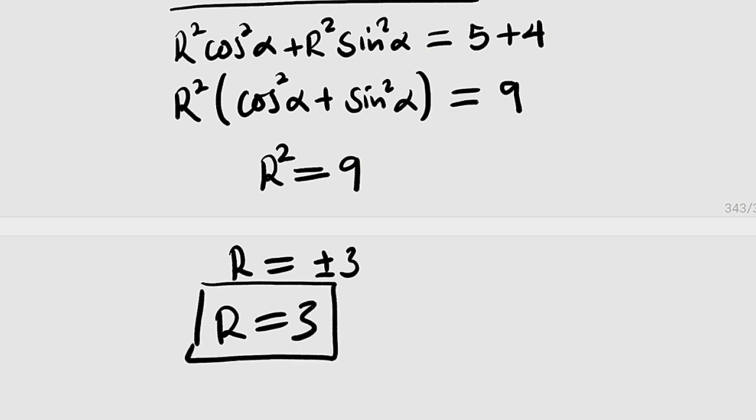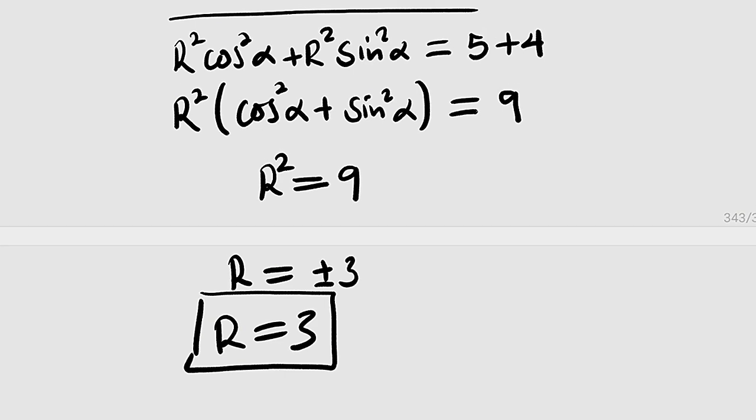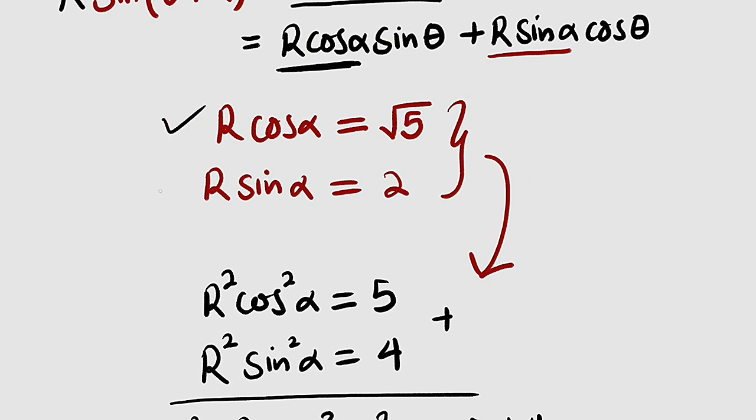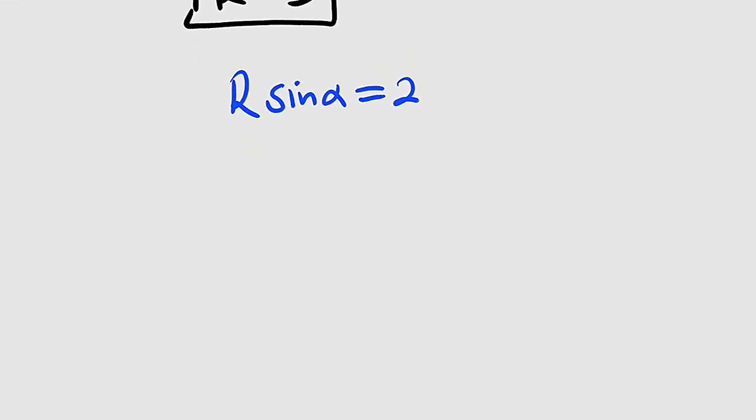Having obtained the value of r, we can use one of these two equations to find the value of alpha. Let me use the second one, r sine alpha equal to 2. We have seen that r is equal to 3, so we have 3 sine alpha equal to 2.